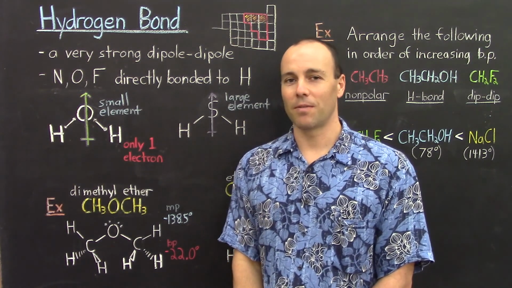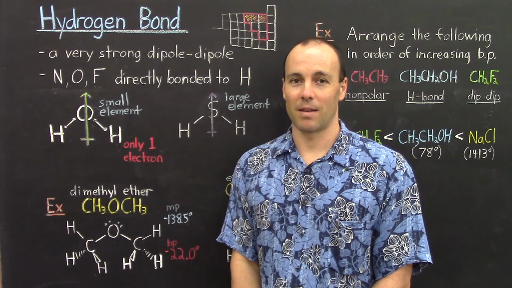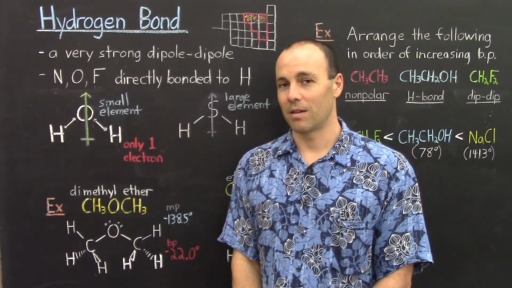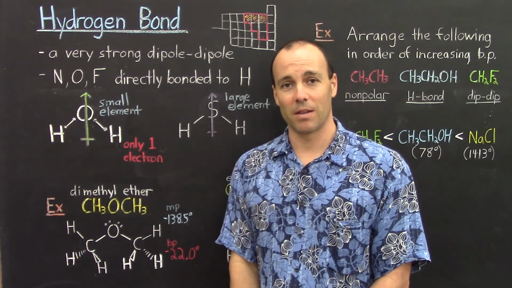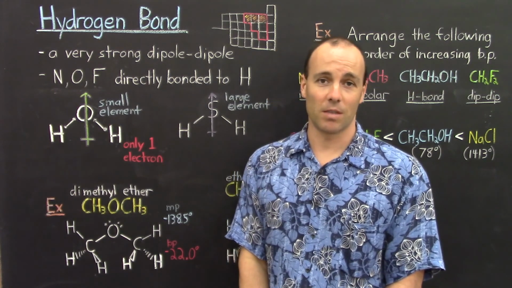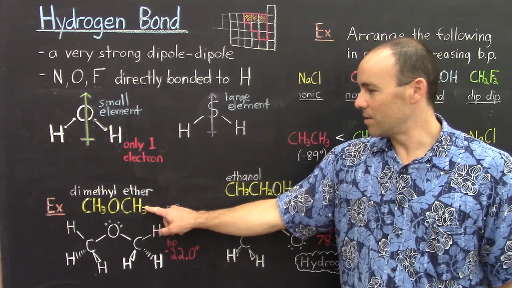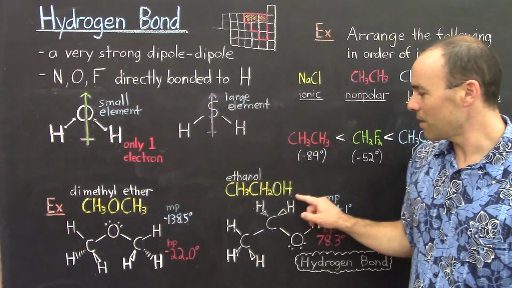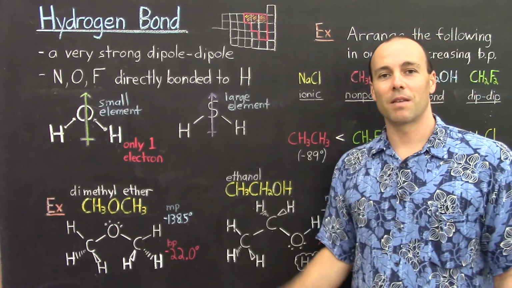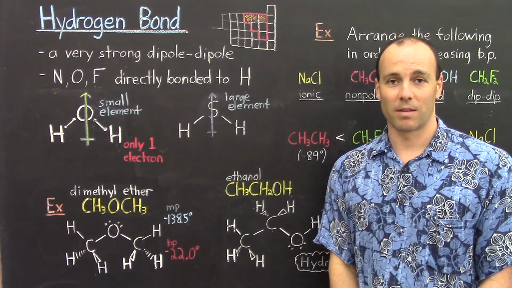Now we can see the effects of hydrogen bonds by comparing compounds that hydrogen bond with those that do not. If we take a look at dimethyl ether and ethanol, these compounds have the same molecular formula.